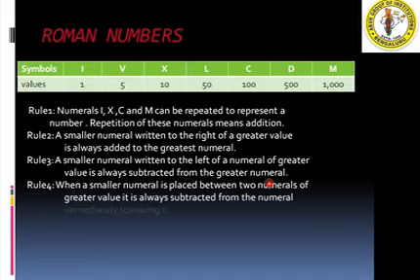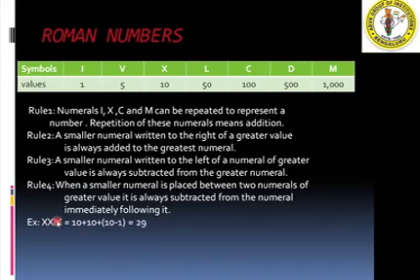Now, what if a small number is between two greater numbers? Let us see. When a smaller numeral is placed between two numerals of greater value, it is always subtracted from the numeral immediately after it. Here you can see the example: X, I, X. X you know the value is 10, and again X is there.